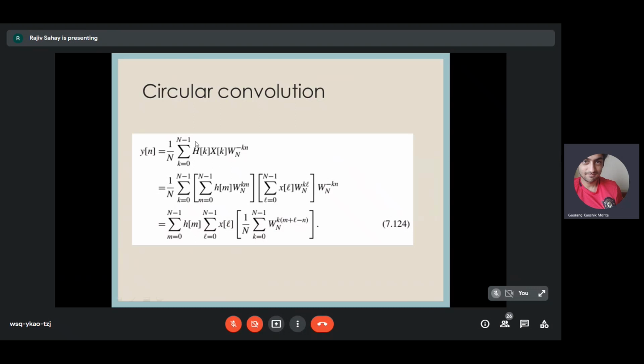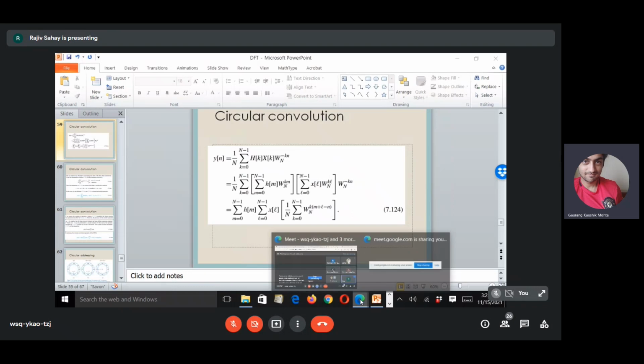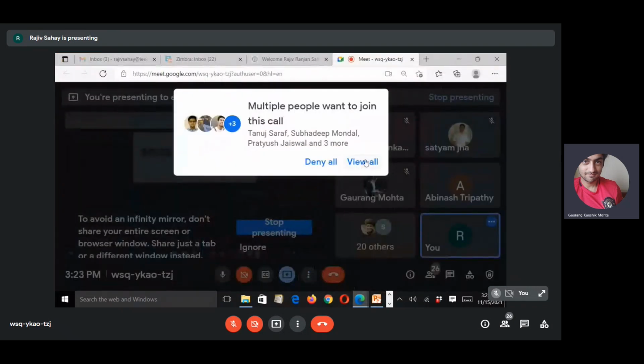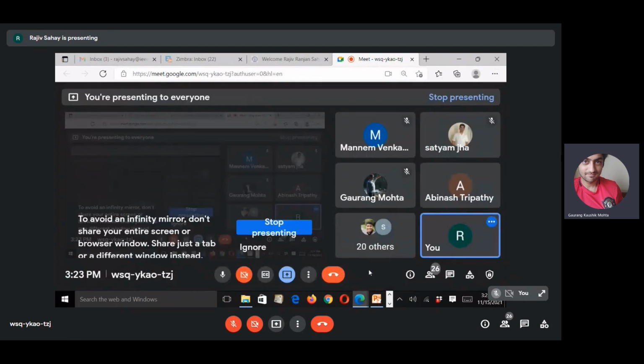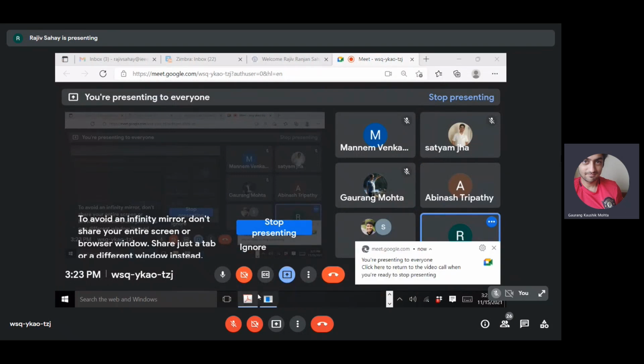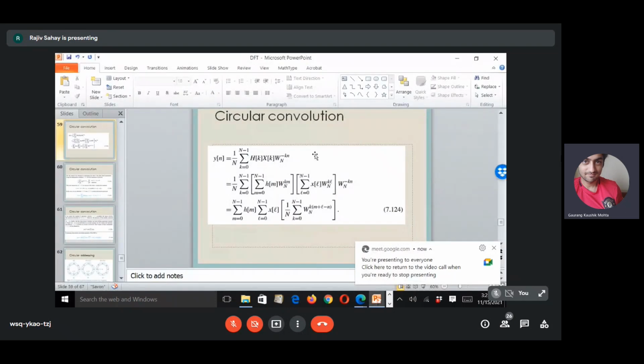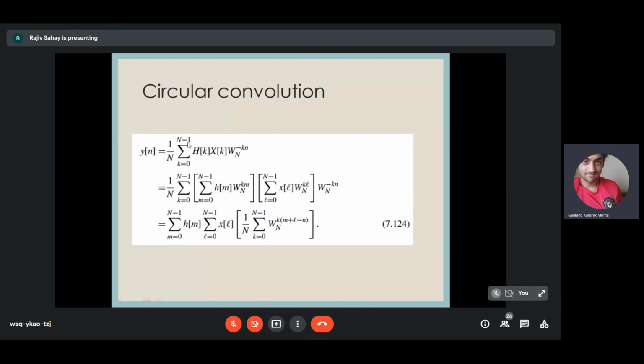If you take the inverse DFT of the product on the right hand side, you get this formula.